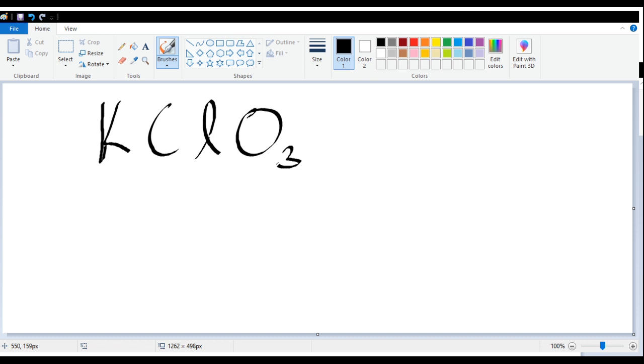When you are finding oxidation numbers, you have to find the oxidation number on every atom in the molecule or compound, whatever you're looking at. So here we have potassium on the one hand and chlorate on the other. An ionic compound. Potassium is a monatomic ion.